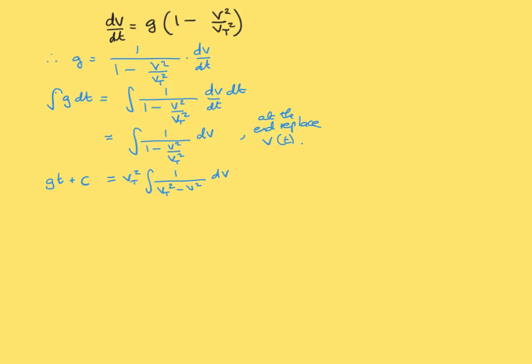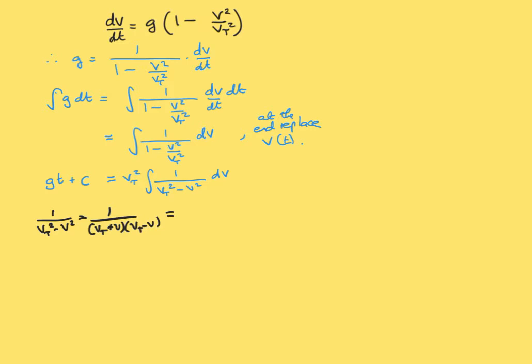And what we have is that 1 over vt squared minus v squared is 1 over the product of vt, let's say plus v, times vt minus v. And this is a proper rational function because we have a polynomial in v on the bottom. Sorry, apologies, that should be v squared.